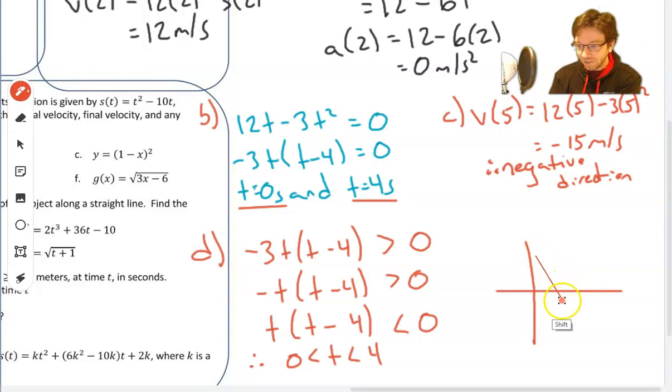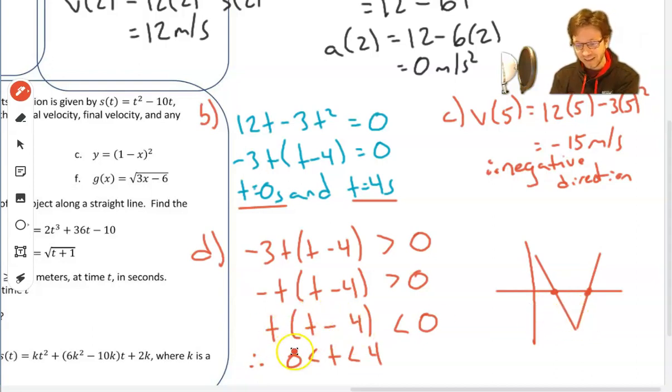If you have the velocity time graph pass 0, it means it's very possible that before it was either positive or negative, and after it's either positive or negative. And it could do something like this. This isn't an example for our case, this is just some random example. But when it's 0, before and after 0, it's going to be either positive or negative. So that's where I was sort of looking.